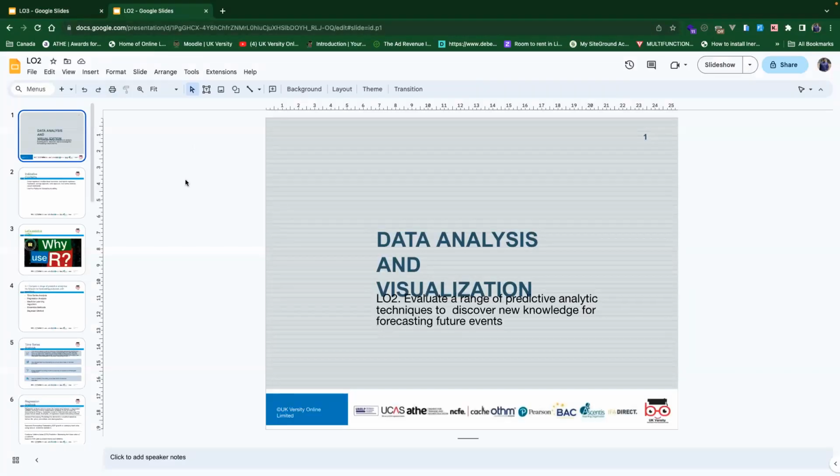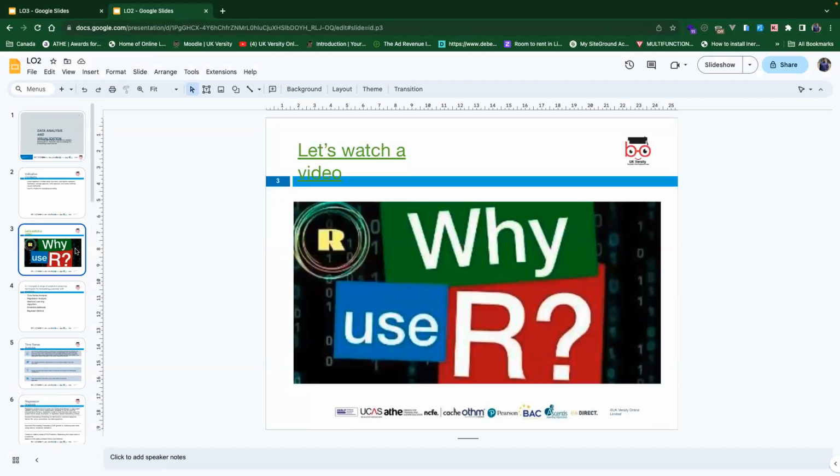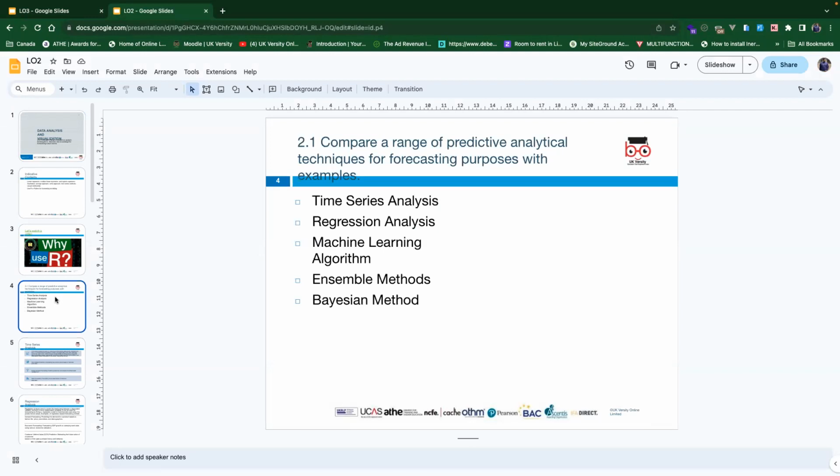Last Monday, we spoke about evaluating a range of predictive analytic techniques to discover new knowledge for forecasting future events. We watched a video on why we use R. We compared a range of predictive analytic techniques for forecasting purposes, with examples, which include time series analysis, regression analysis, among others.